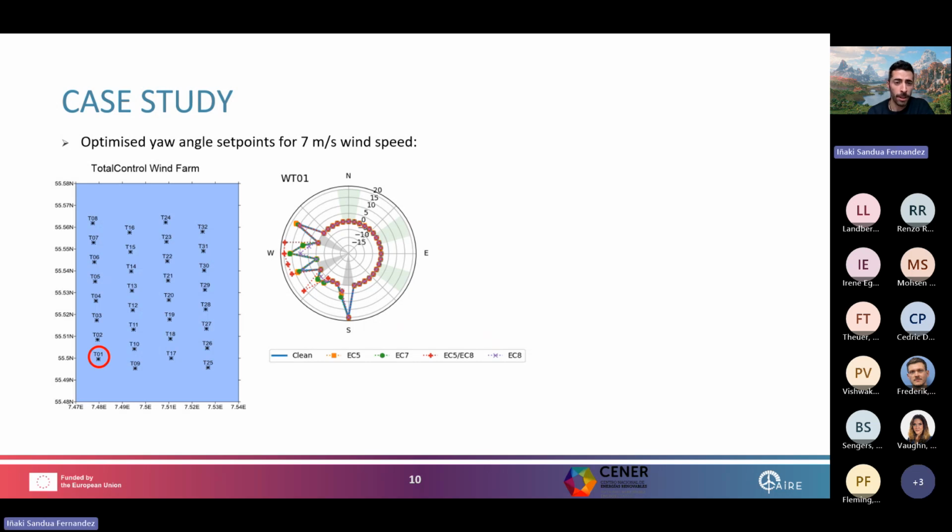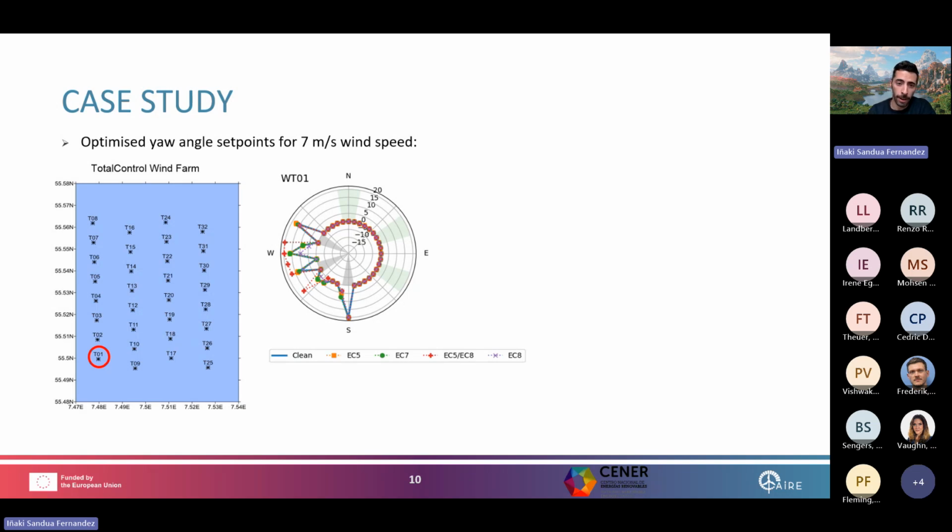So as we can see, for most of the wind directions, especially when they come from north to east, almost to south, the yaw angle set point is 0 because there are no wind turbines downstream, and therefore there's no need to yaw the wind turbine.